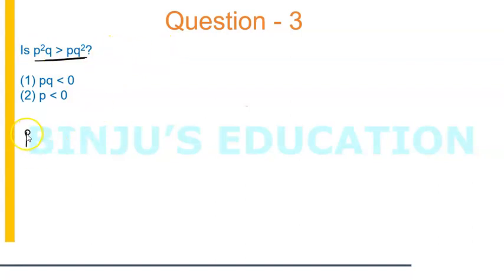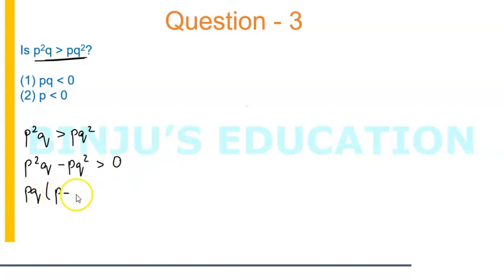So we have p square q greater than pq square. I can write p square q minus pq square is greater than 0. I have subtracted pq square on both the sides. Then I can take pq common: pq into p minus q greater than 0.